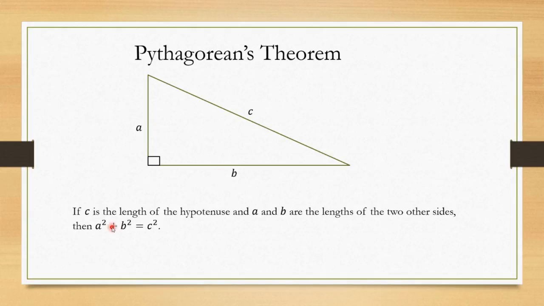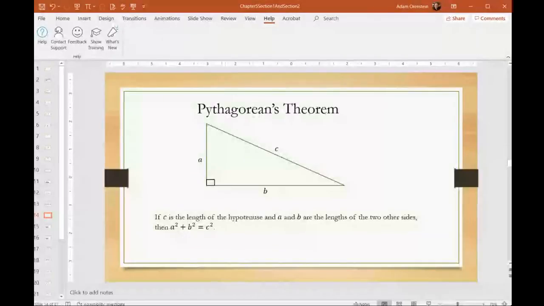A squared plus B squared is C squared. That's very nice because if you know two of the side lengths of a right triangle, you can easily get the third using this. For triangles in general, that's not the case. That's what's really cool about Pythagorean's theorem.